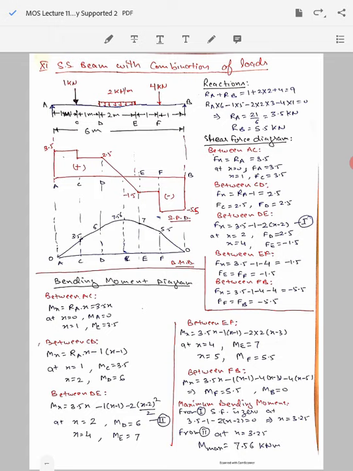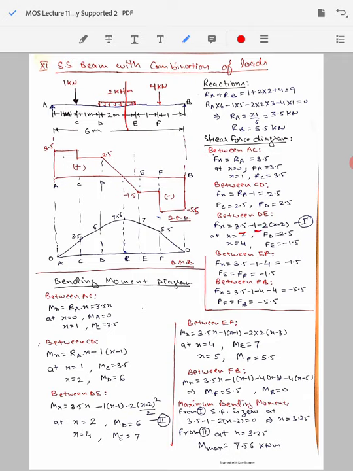Next span is span DE, and if we assume the beam to be cut anywhere between D and E, and if we draw the free body diagram for the left hand section of the beam, we have the force RA in the upward direction, which is equal to 3.5. We have force 1 kilonewton acting in the downward direction, so that's why minus 1 here.